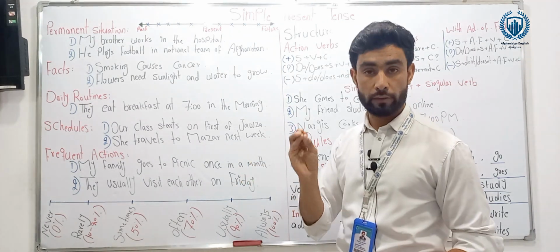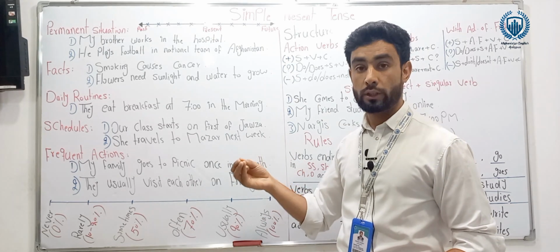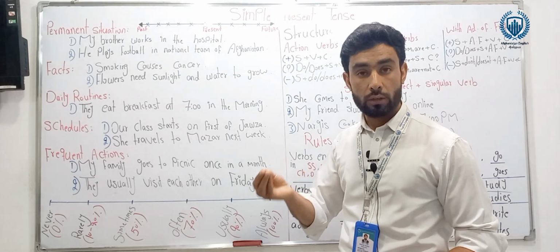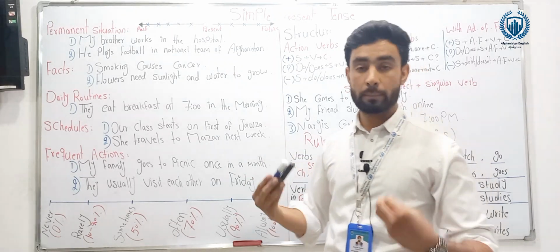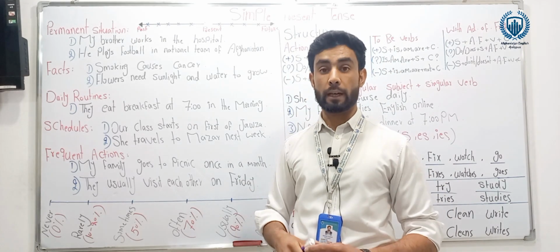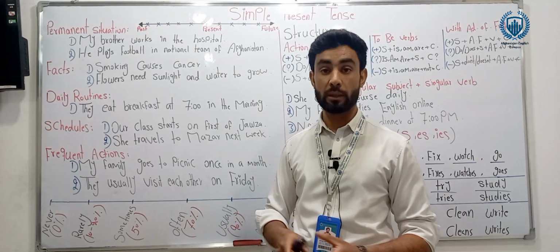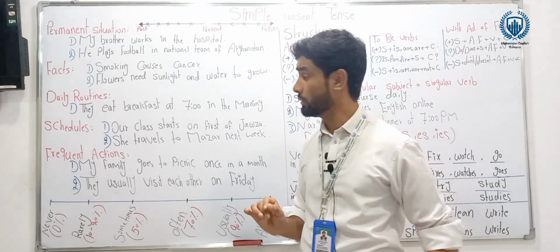I come to Afghanistan English campus at 7 a.m. Students join the classes at 9 a.m. So daily routines are all the time presented by simple present tense. If our aim is to show our daily activity, we use simple present tense. Wish you understood.